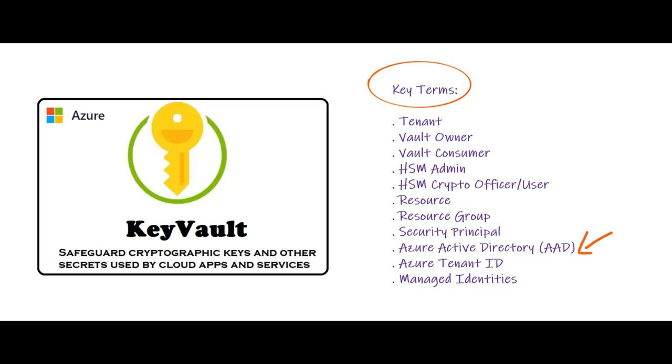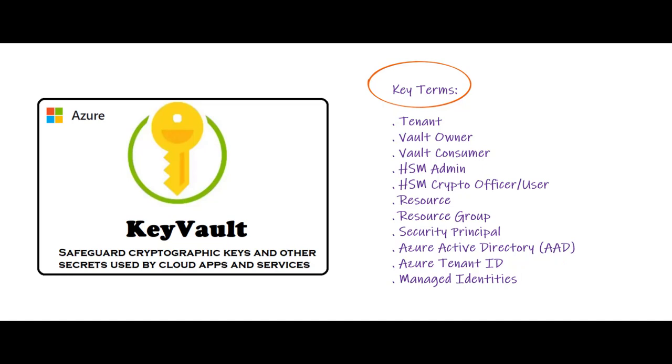A directory itself can have many subscriptions, but only one tenant. Okay, so Azure Active Directory. Azure Tenant ID is a unique way to identify the Azure Active Directory instance within the Azure subscription.